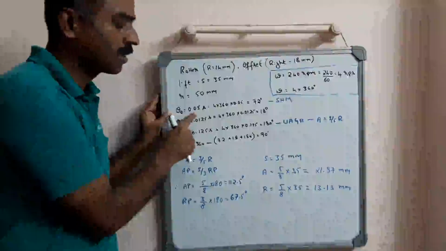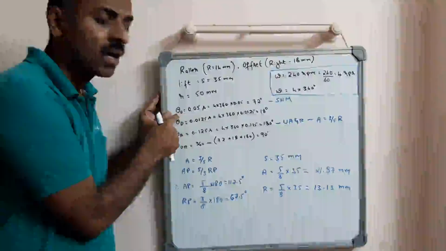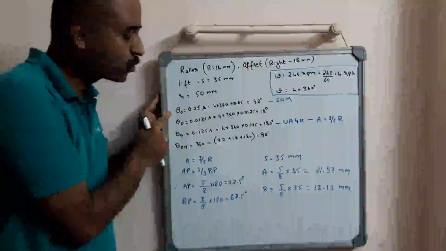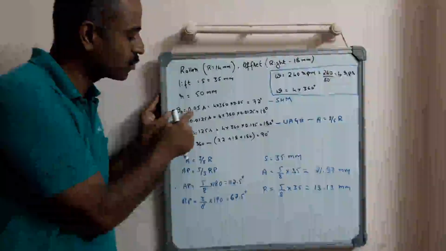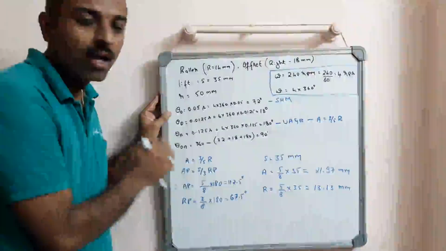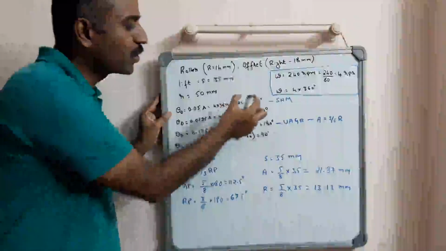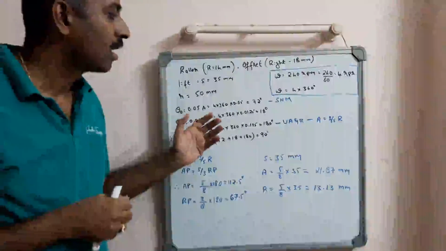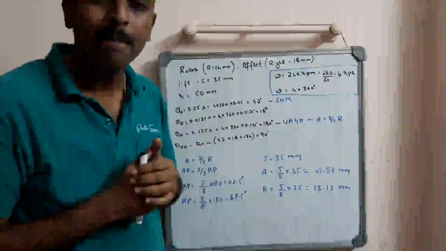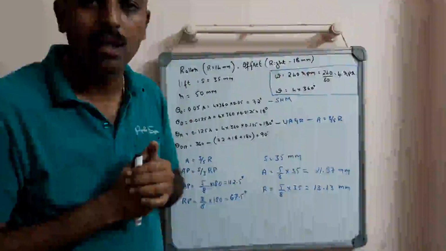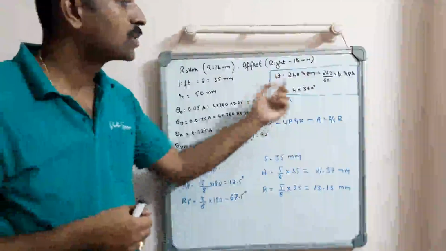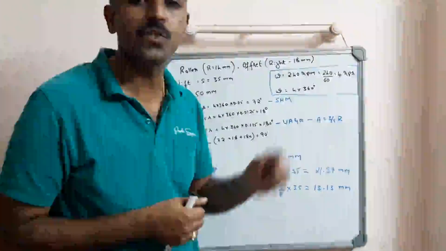We need to convert. For example, the time taken by the cam during outstroke, that is theta O, is 0.05 seconds. We need to convert these seconds into degrees. He has given the angular velocity of the cam as 240 rpm, which comes to be 4 revolutions per second.